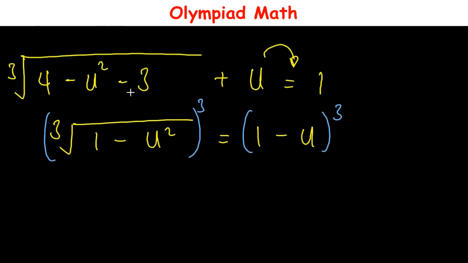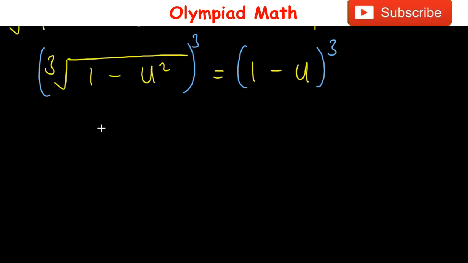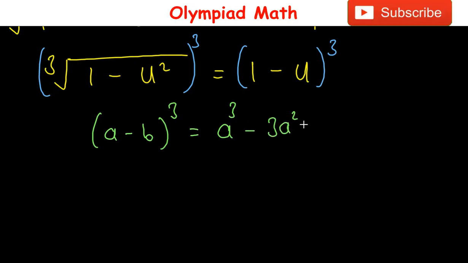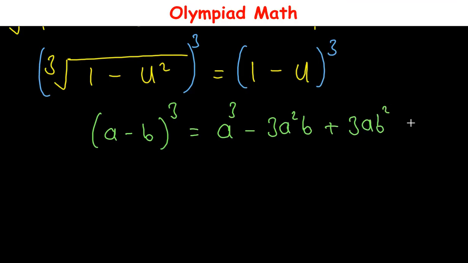So making use of this identity that if you have in brackets a minus b all raised to power 3, this equals a raised to power 3 minus 3a squared b, then plus 3ab squared, then minus b raised to power 3.